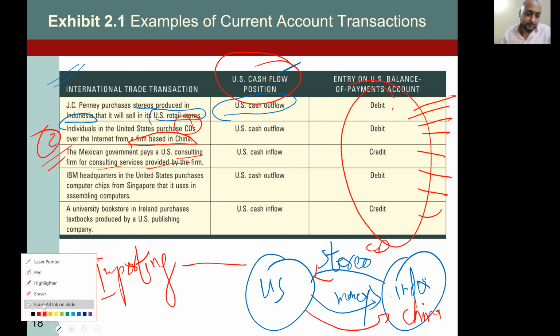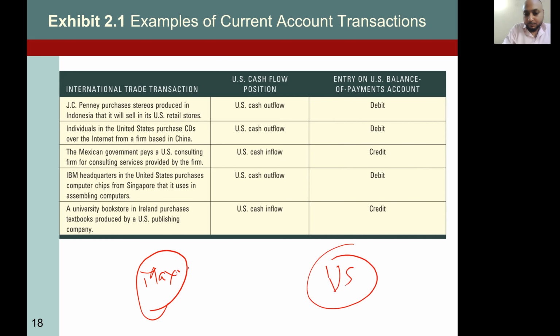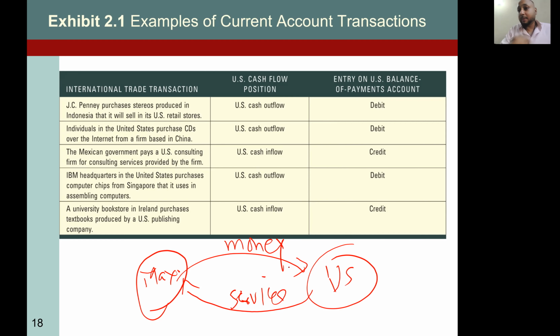Paying, which means they are paying money, and US provided them services. So money is coming in the US. That's why it is called cash inflow.